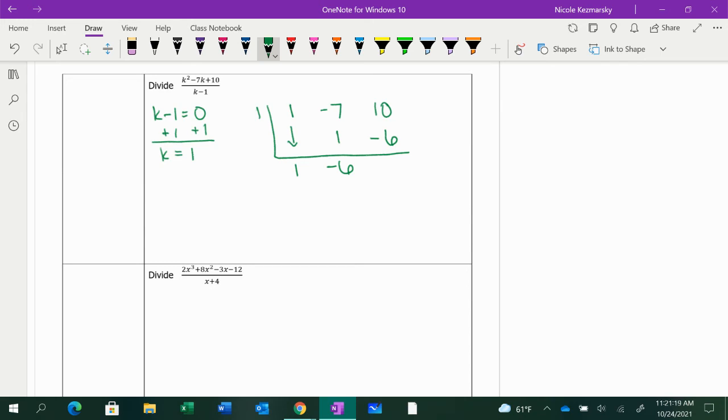Inside the box, we add, so 10 plus negative 6 is 4. 4 is the remainder. The negative 6 isn't going to have a variable, and the 1 will just be k. So we're going to have k minus 6 plus 4 over k minus 1.